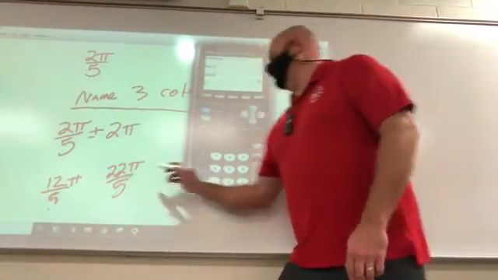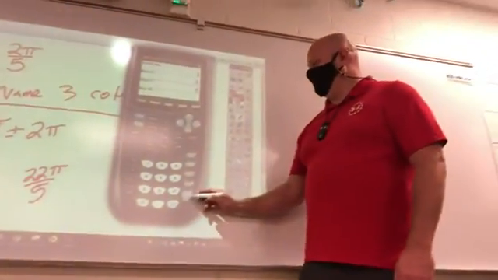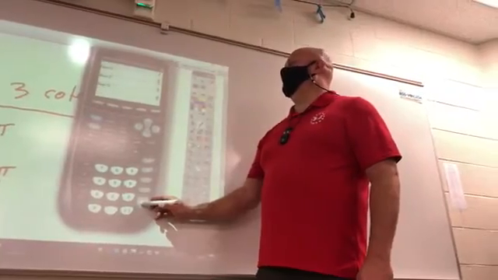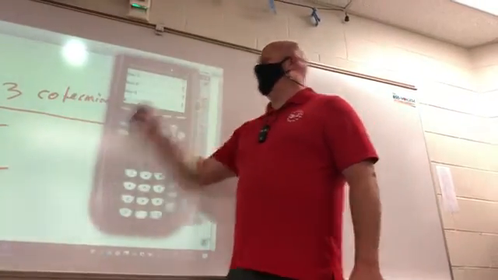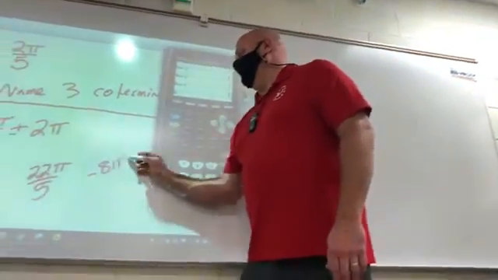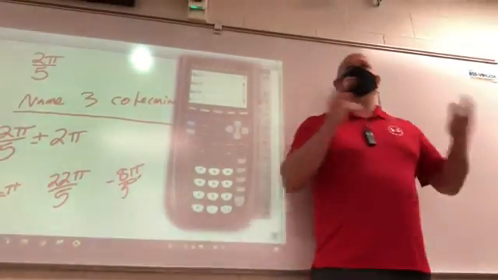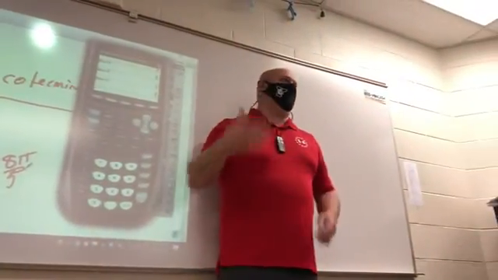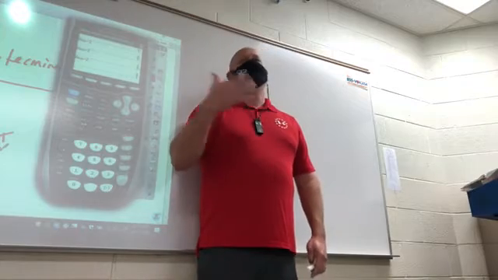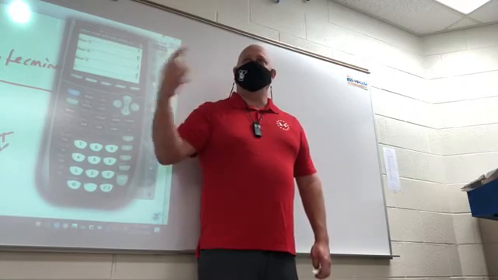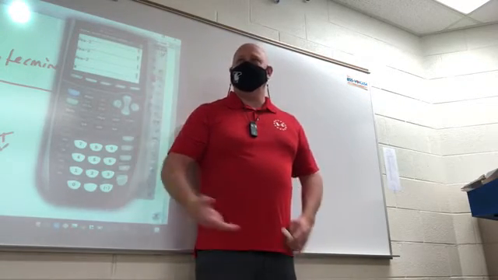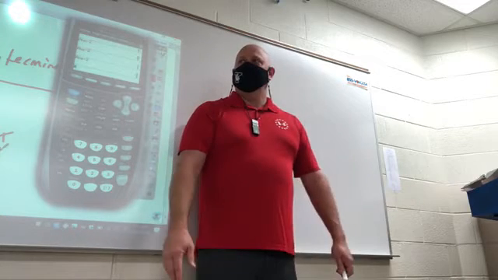Or I could subtract 2, get back down, and then, was it negative 8/5? So it works exactly the same way in radians. Instead of adding and subtracting 360, because that's a full rotation, we're adding full rotations in radians, which is just 2 pi. Simple?